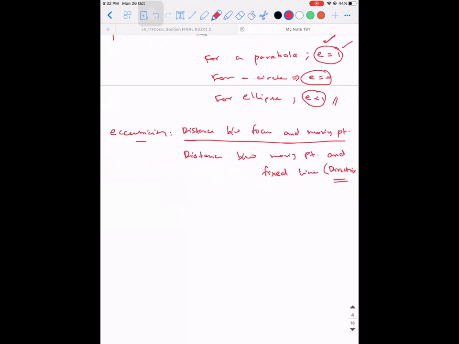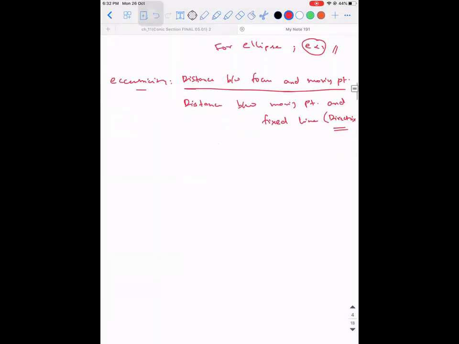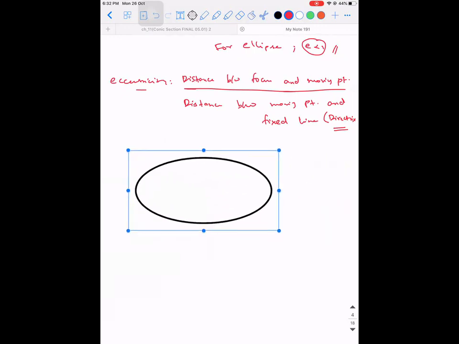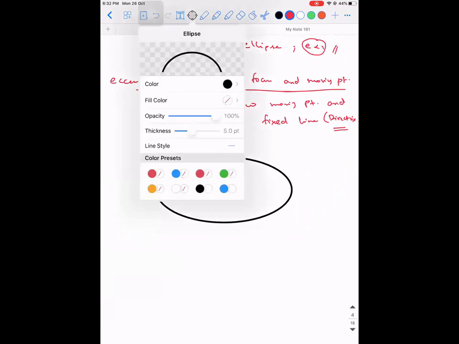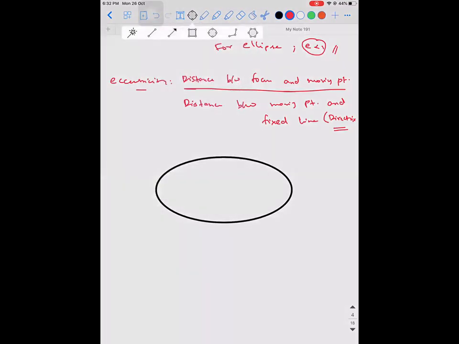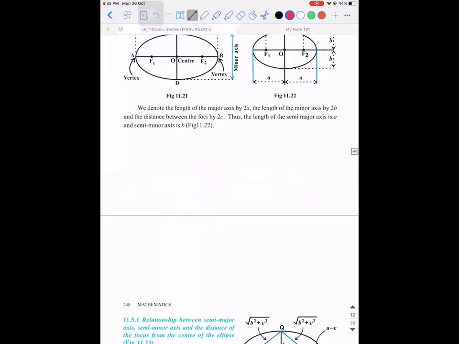Now see. Whatever I'm going to do for the horizontal ellipse, we need to apply exactly the same concept for the vertical ellipse. Now see, let's see the parts of the ellipse.